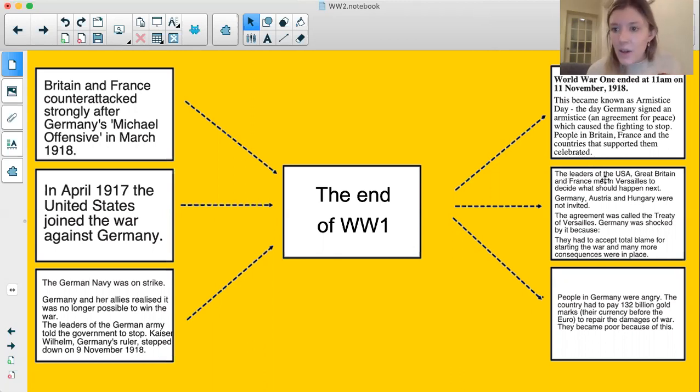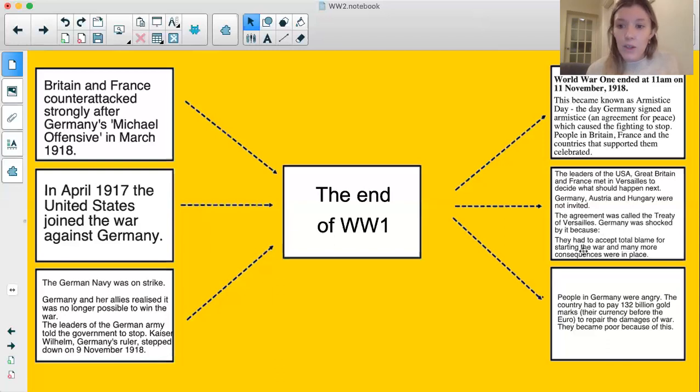The leaders of the USA, Great Britain, and France met in Versailles, which is in France, to decide on what should happen next. And they didn't invite Germany, they didn't invite Austria, and nor did they invite Hungary. The agreement was called the Treaty of Versailles, and Germany was shocked because it really impacted them most in many ways.